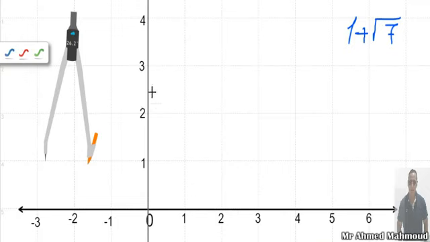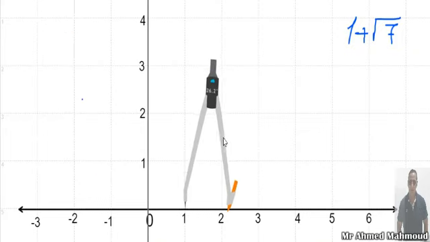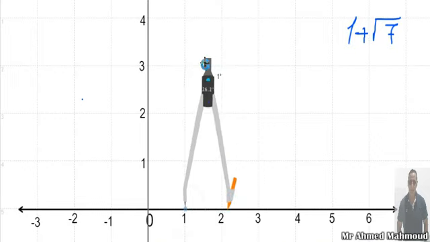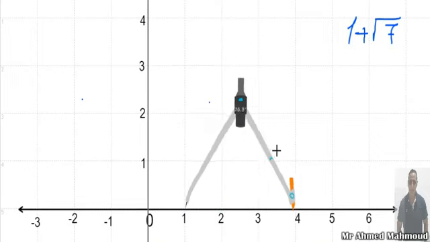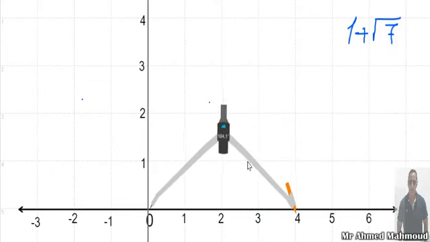How? First, I'm going to open the compass 4 units, like this, from 1 to 4.